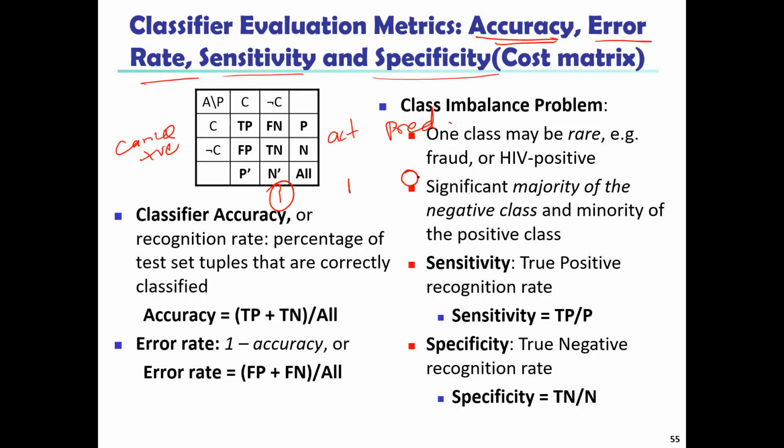So prediction is no, actually yes. Second person, actually he doesn't have cancer, but the prediction is he has cancer. The third person has cancer and the prediction is also cancer. For the fourth person, he doesn't have cancer and the prediction is also no.